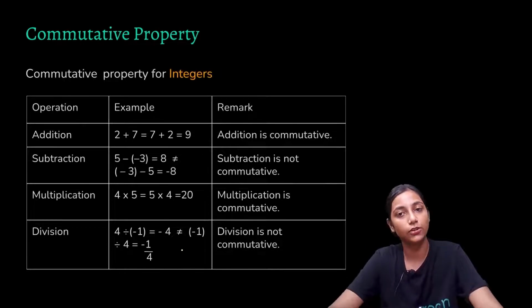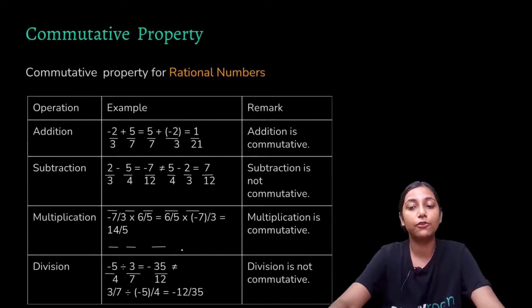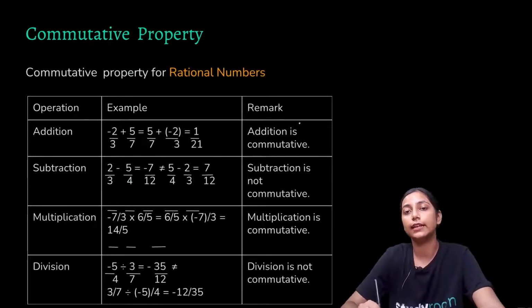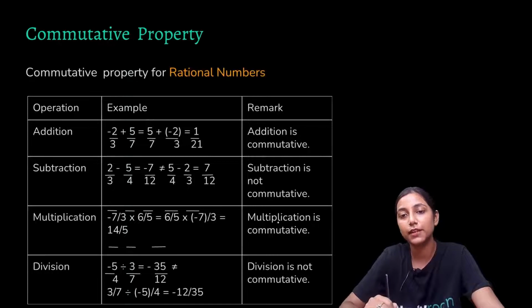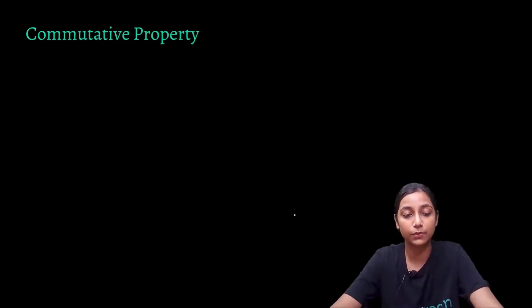For integers also, addition and multiplication are commutative, but subtraction and division are again not commutative. And for rational numbers, addition is commutative, multiplication is commutative, and again, subtraction and division are not commutative.